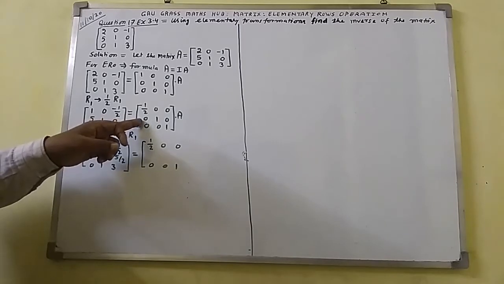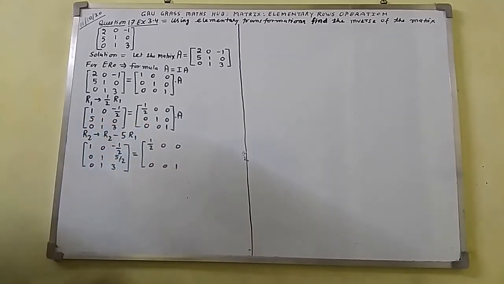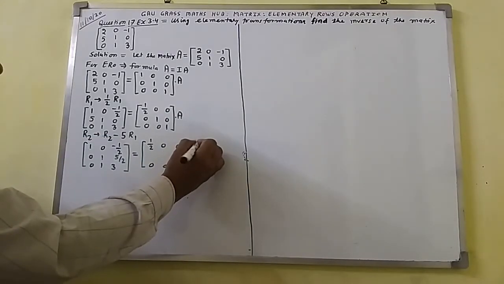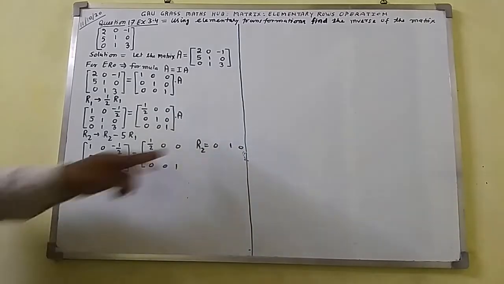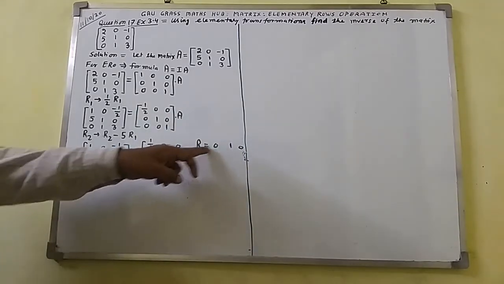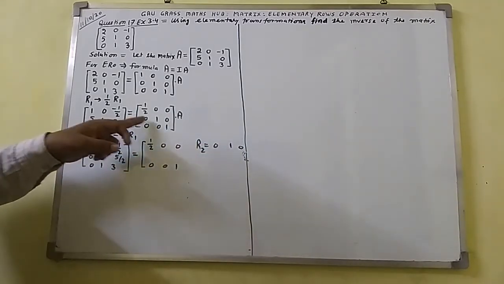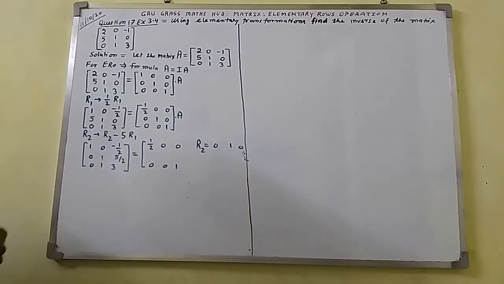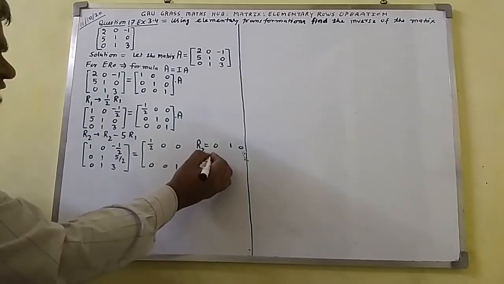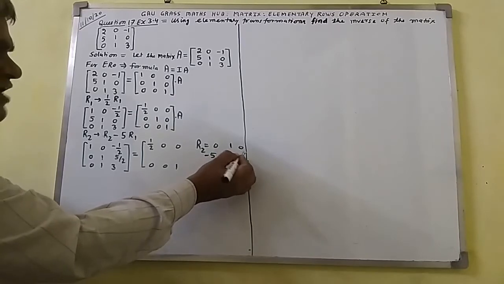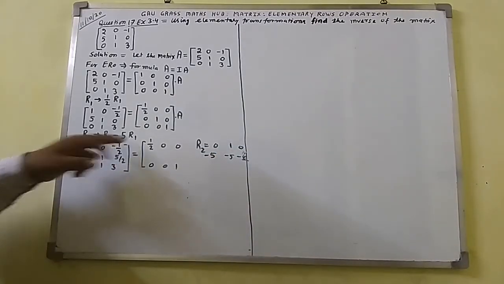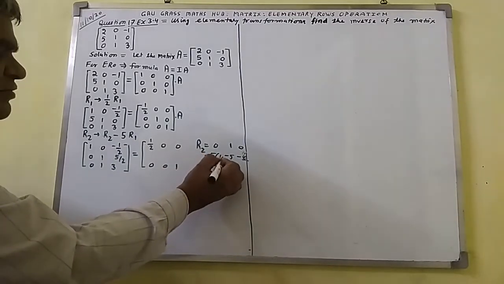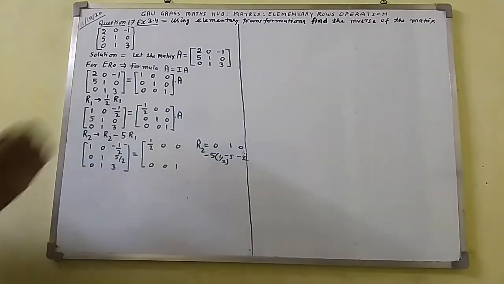So here I take 0. R2 will now be written. The R2 you have got here 0, 1, 0. In place of R2, I have written the elements of R2, 0, 1, 0, minus 5. R1, in place of R1, I shall write 1 over 2.